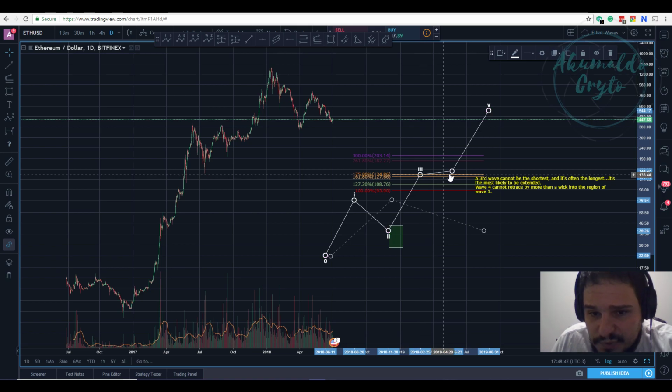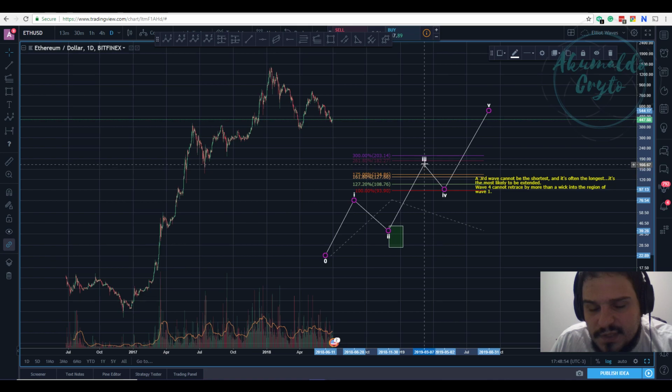Okay, this region here. Of course, as it is the most likely wave to extend, it can go really high like this. But the common spot is this region here.